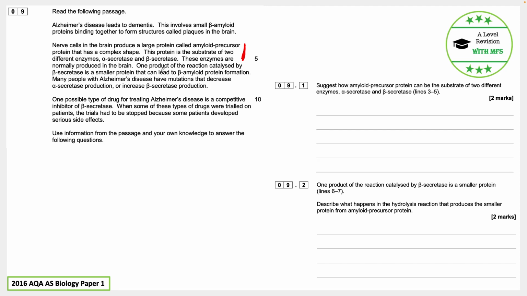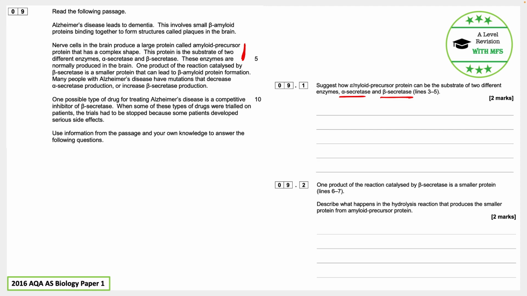And the only logical explanation that you can have here is that we've got these 2 enzymes, alpha secretase and beta secretase. Each of these enzymes will be complementary to the substrate, but will be complementary at a different part to the substrate. Okay, it will be complementary to a different part of that protein.